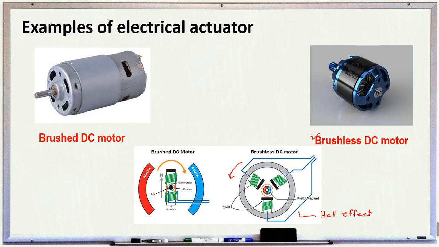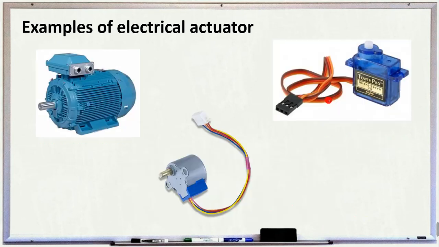And then the brushless DC motor class is used in drones. It has a simple design, no sparks, and it is very lightweight, but it can produce enough thrust. Okay, and then we also have here the synchronous motor.